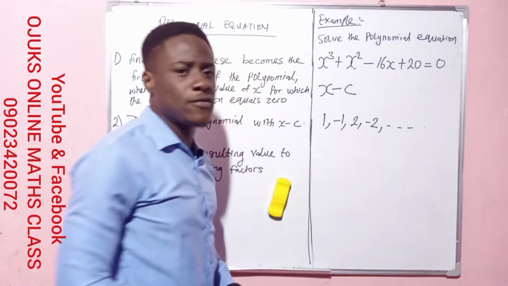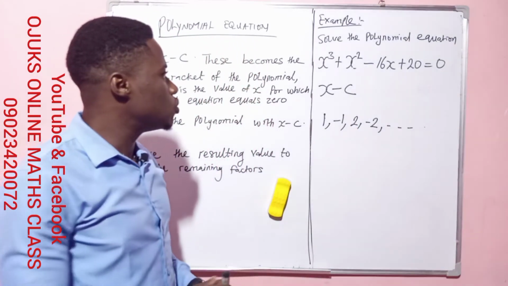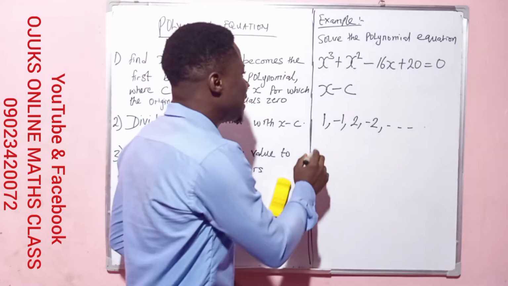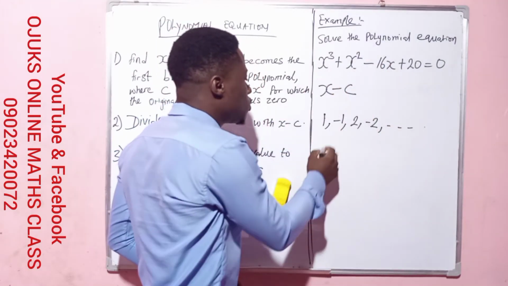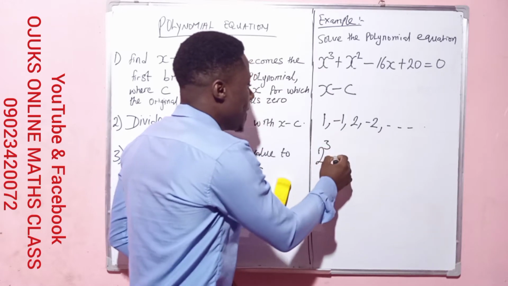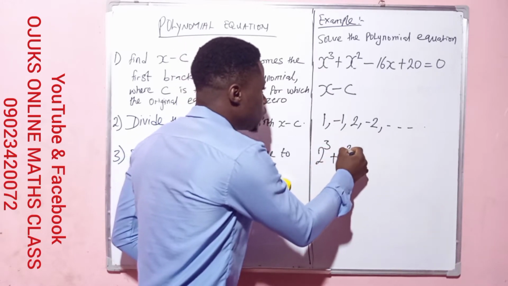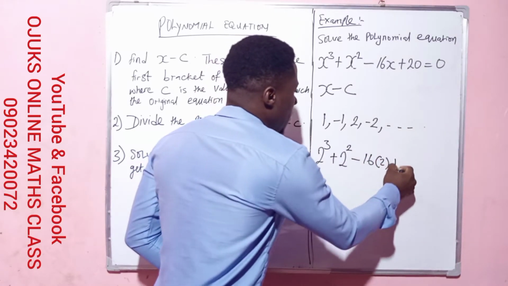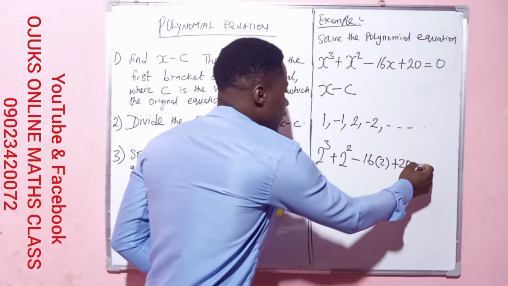But let us observe 2. If we replace the value of x here as 2, we have 2 raised to power 3 plus 2 raised to power 2 minus 16 in bracket 2 plus 20. Will this give us 0?